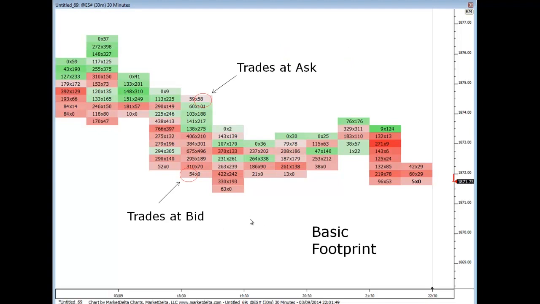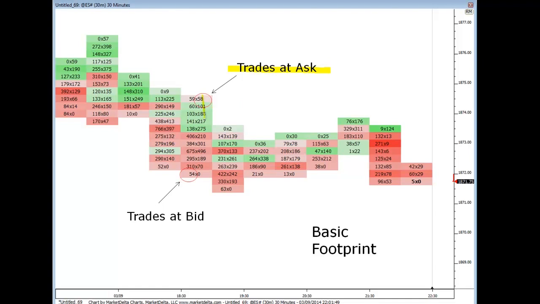If we take a close look at each of these bars, rectangles, or footprints, as Market Delta calls them, we will find that each of them has a number on the right-hand side and a number on the left-hand side, separated by the letter X. All of the numbers on the right-hand side are the trades that were transacted at the ask.